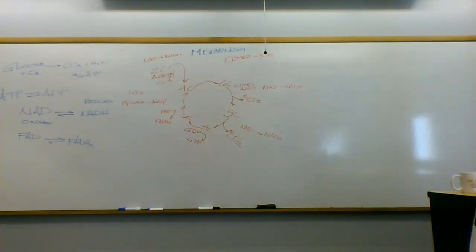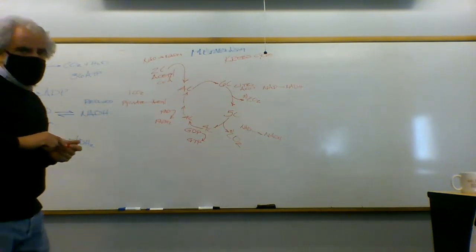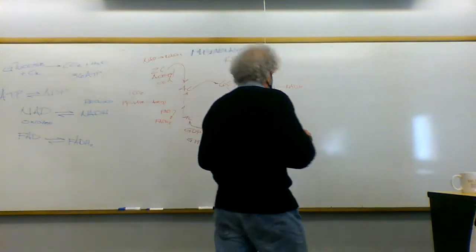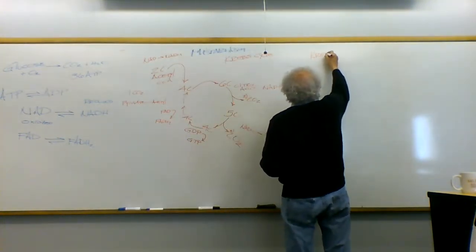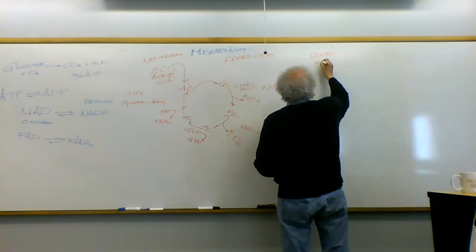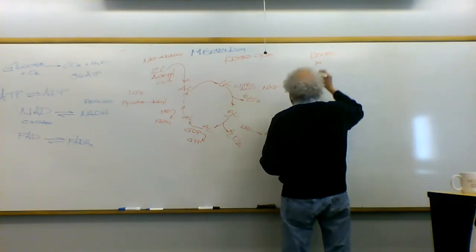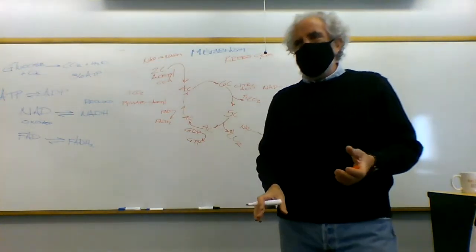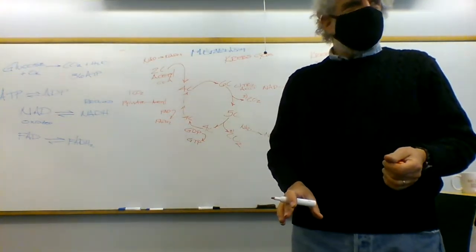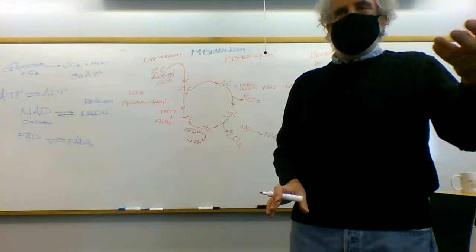So, if we now go to our tote board and think about what we're doing with the Krebs cycle, what goes in is pyruvate, 3 carbons. And what comes out is 3 carbons from carbon dioxide.